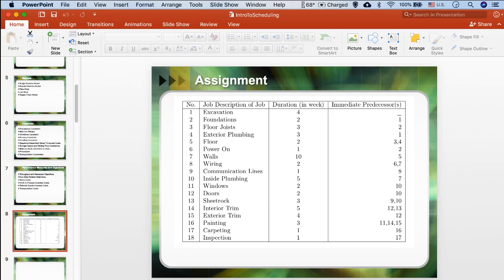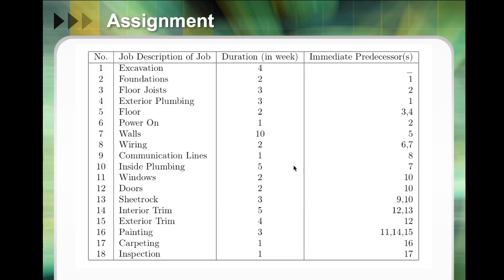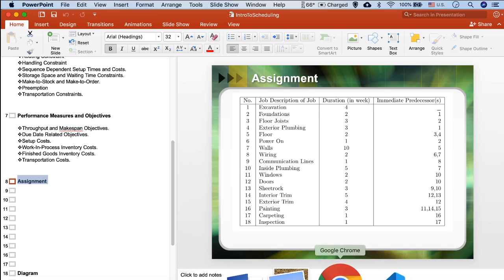In this case, it is measured in weeks, 1, 2, 3, 4, 5 like this, and we also have the predecessors, right? It is given here. So job 3 can only be done when job 2 is already finished, right? So based on this we need to find what.